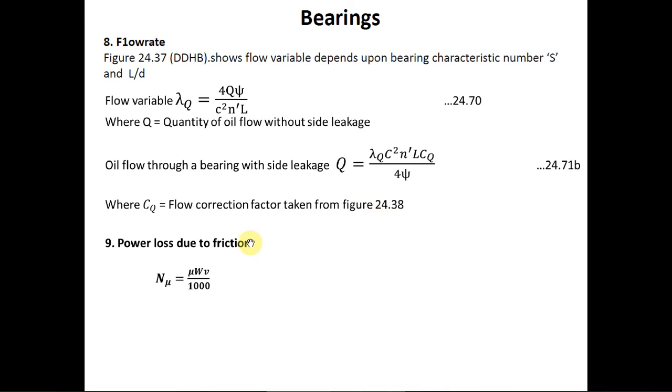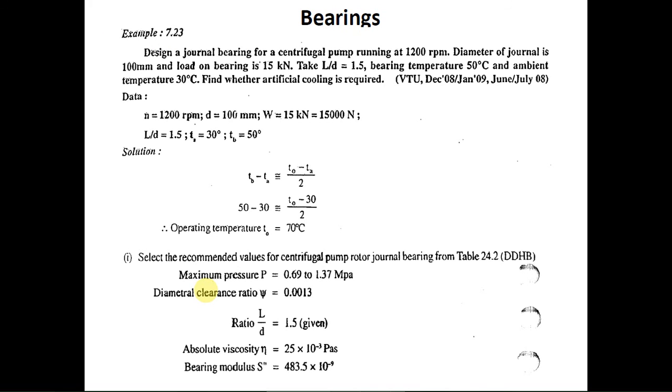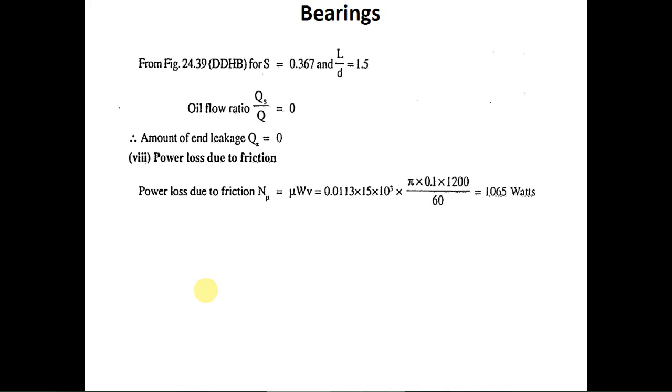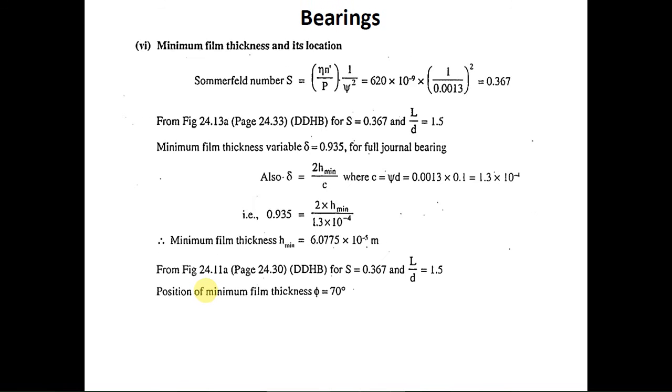And last one is power loss due to friction, which is mu W V divided by 1000. So this is the procedure of design of general bearings. Now next I'll move on to the problem.